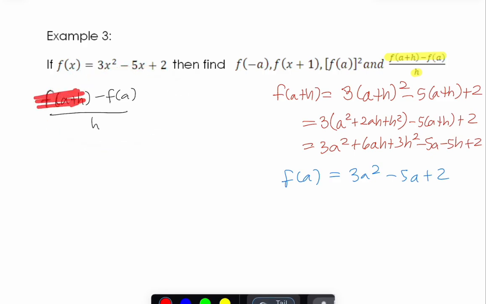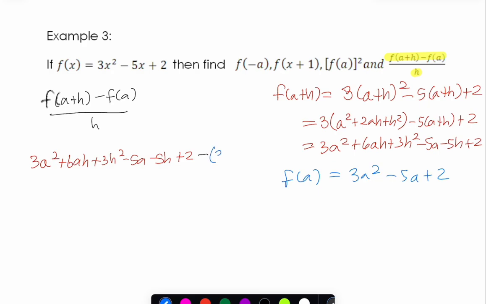At this spot, we have to write f of a plus h. So f of a plus h, we've done that. It is 3a squared plus 6ah plus 3h squared minus 5a minus 5h plus 2. But we are subtracting our f of a value.